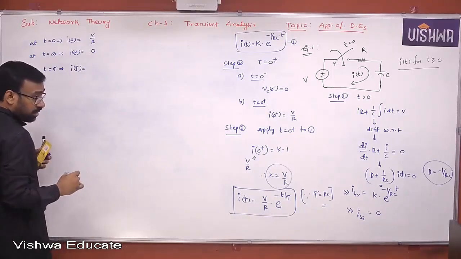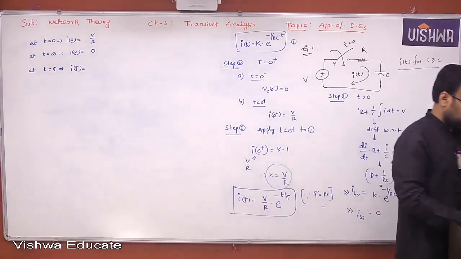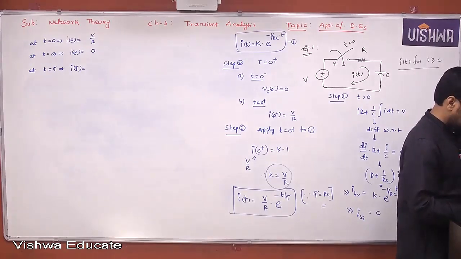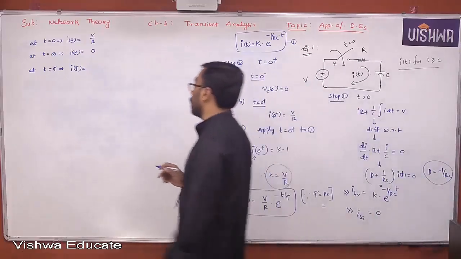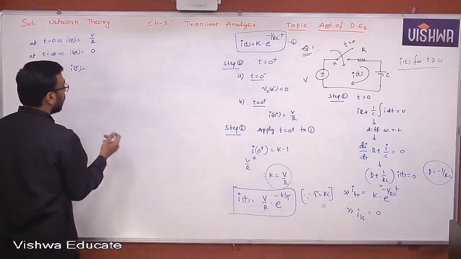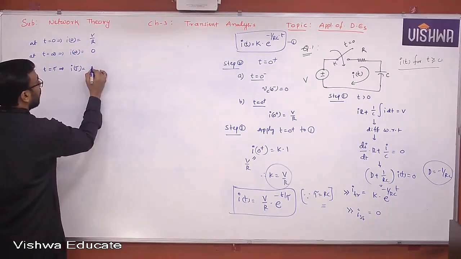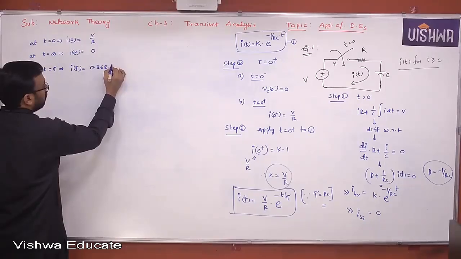When i(t) is taken at t = τ, e^(−1) is 1 − 0.632, which is 0.368. So you get 0.368 times V/R.